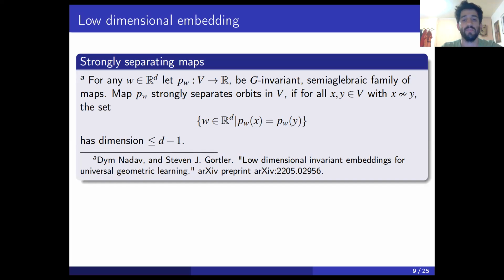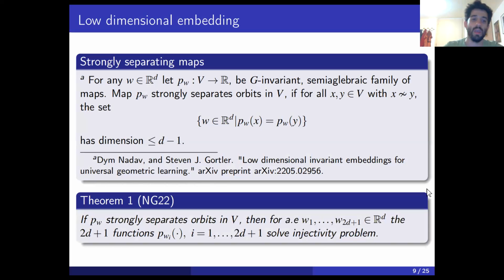And Nadav and Goldler showed that we just need 2 times the dimension of our space plus 1 generic vectors W1 to W2D plus 1 in order to solve the injectivity problem.